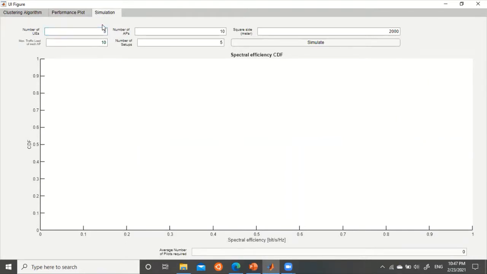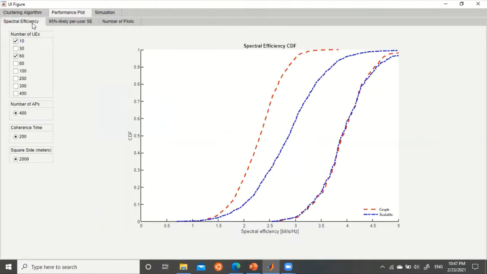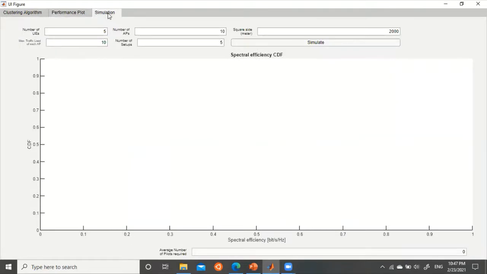Pilot. So here we can simulate the spectral efficiency. Unlike the previous one, we couldn't simulate the number that we want, but in here we can change the parameter whatever we want.